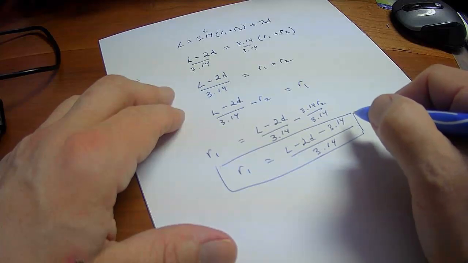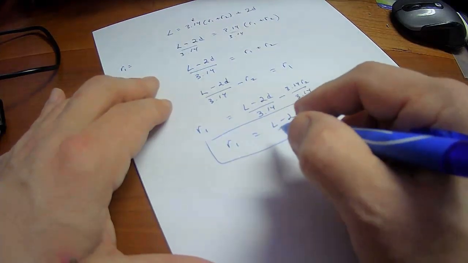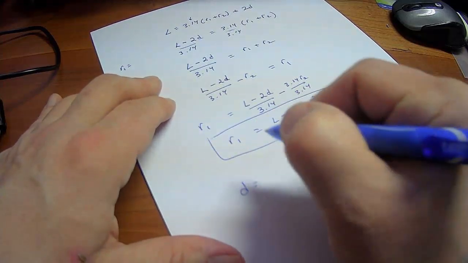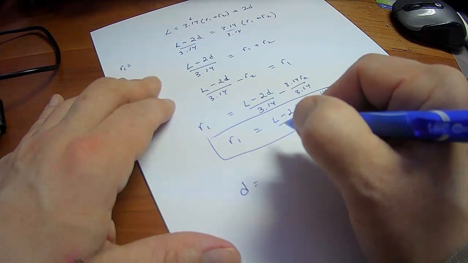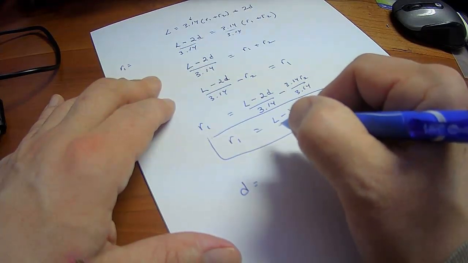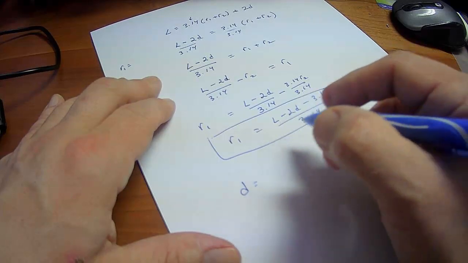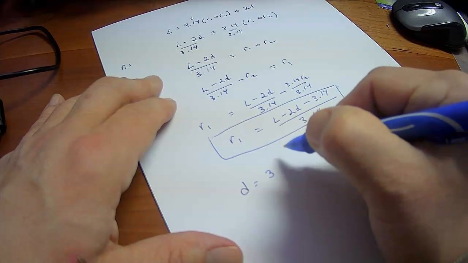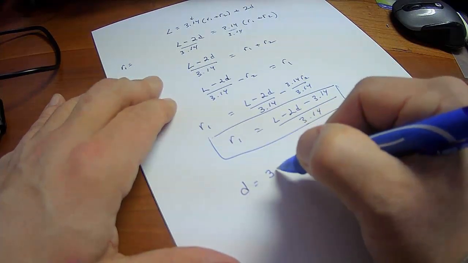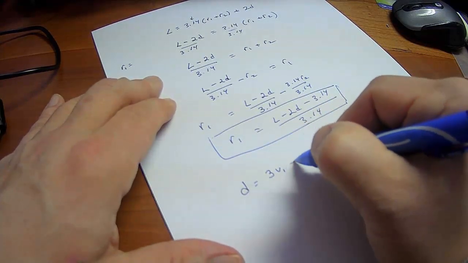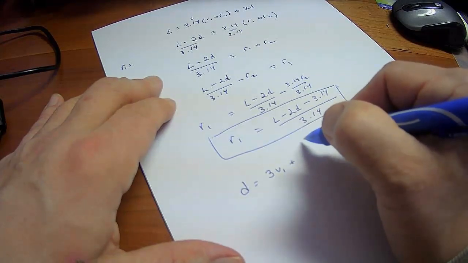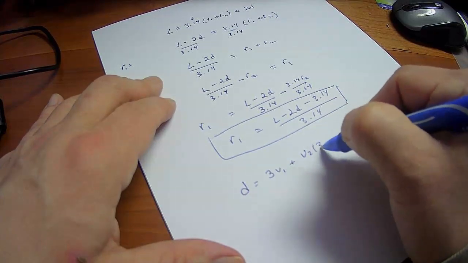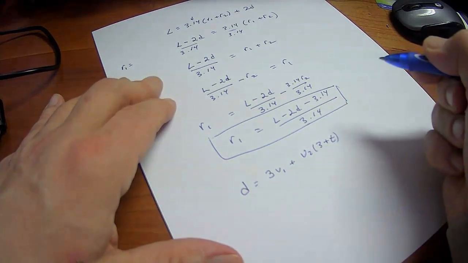Let's take a look at a physics type equation where we talk about distance and velocity. And this is some sort of an equation here where I've got d and it's distance, and that's going to be related to these quantities. 3 times velocity 1 plus velocity 2 times 3 plus t, where t is probably time.